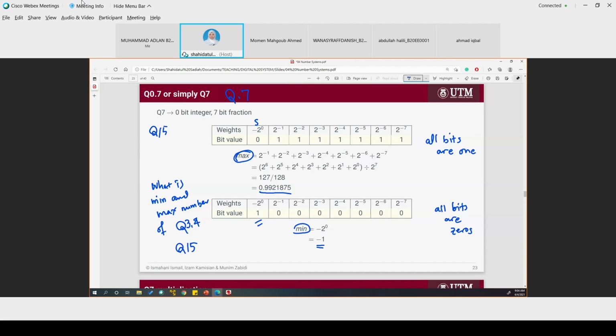Q15 means we have no integer but 15 fraction bits. Okay, Lenovo is still checking, thank you. Okay, Q15. Just give me a time to calculate it. Minimum and maximum.